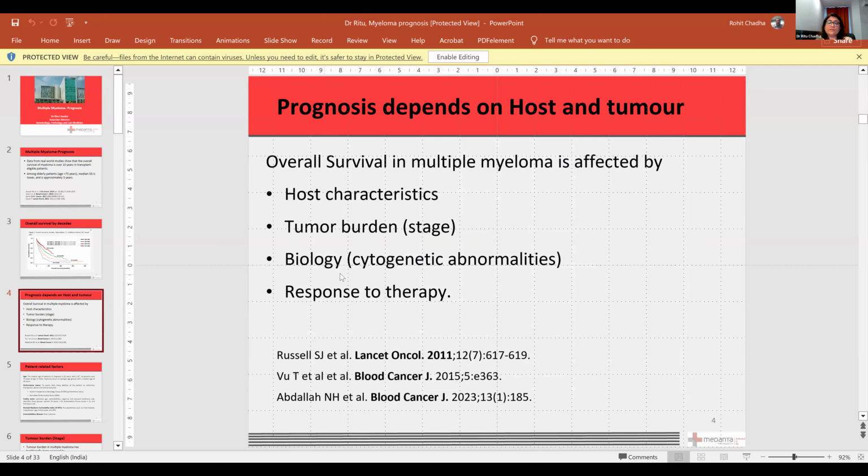The prognosis depends on the host and the tumor factors. The overall prognosis is affected by host characteristics, the tumor burden or the stage, the biology of the tumor like cytogenetic abnormalities, and response to therapy. So it is just like for any other malignancy. We need to stage the malignancy, understand the biology of the disease and the response to treatment. The prognosis will depend on all these factors.